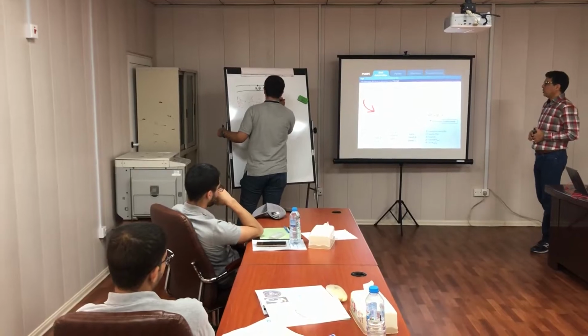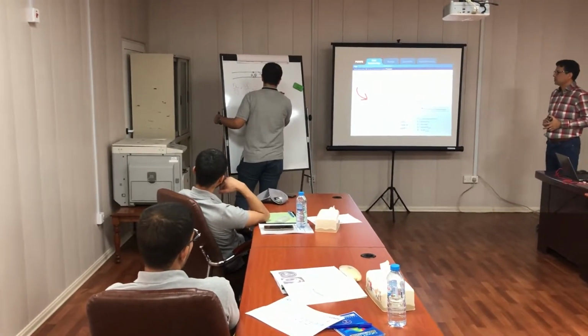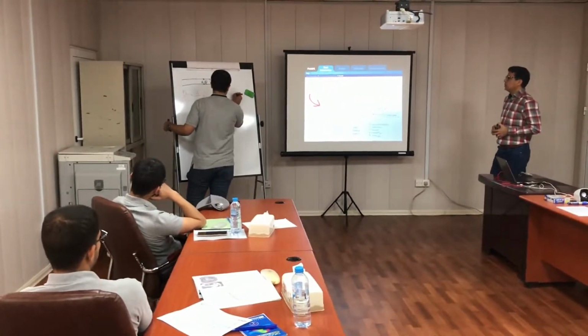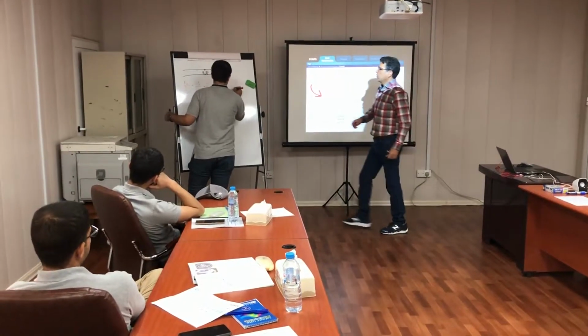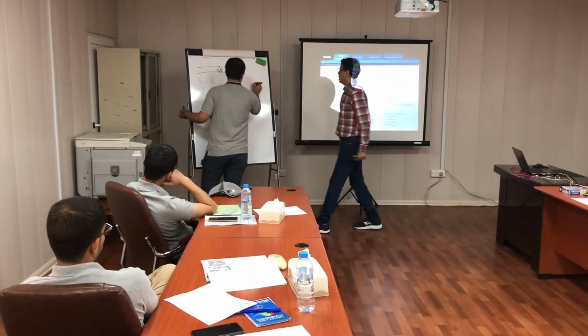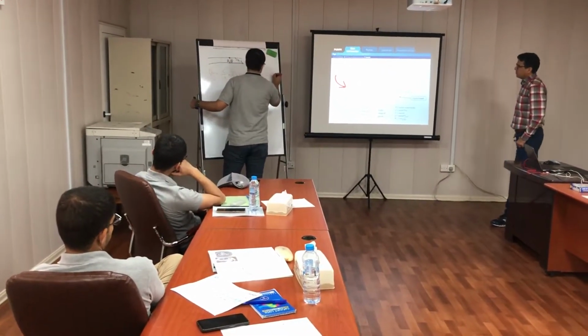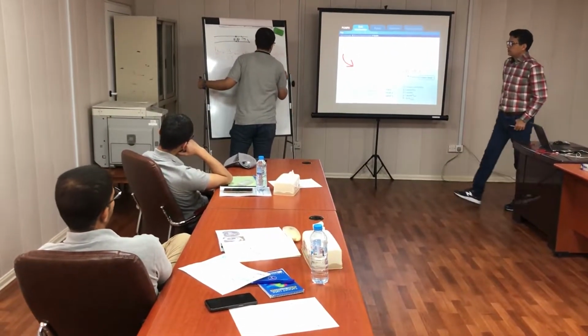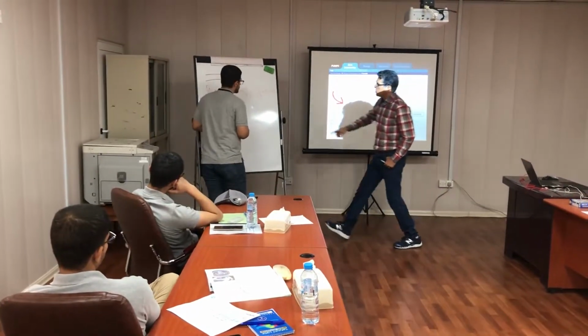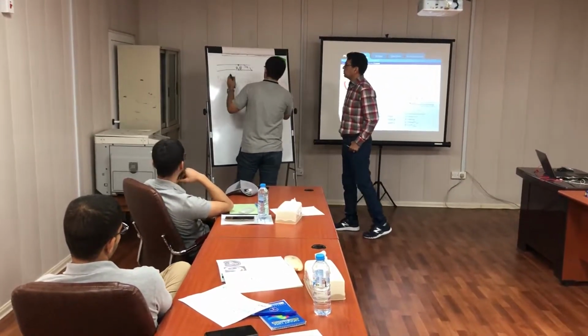P2 over rho g plus V2 squared over 2g plus Z2 plus friction factor and turbine factor. Friction plus turbine.